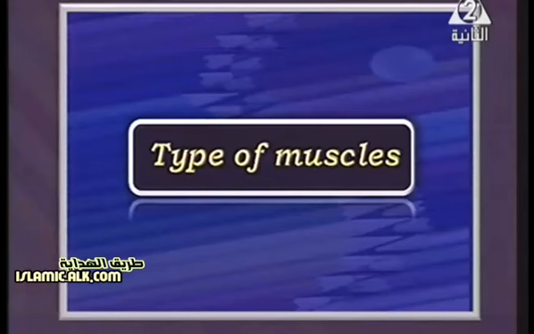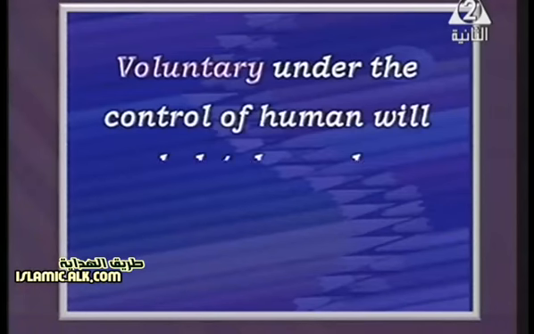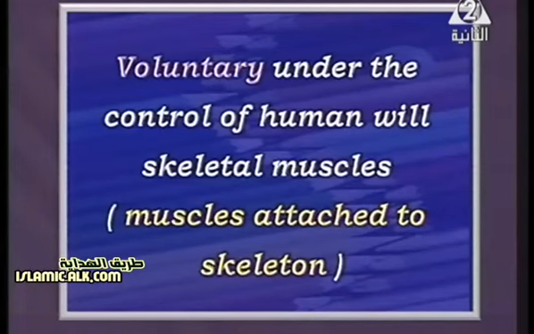How many types of muscles do we have? We have different types of muscles, okay? But in our curriculum, we are going to divide them according to whether you can control the muscle or you cannot control the muscle. Voluntary muscle, you can control its movement, like most muscles that attach to your skeletal system.